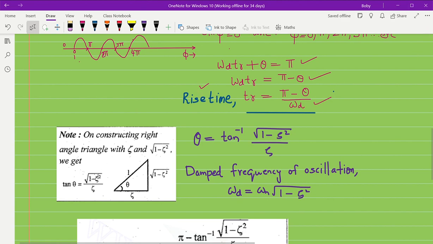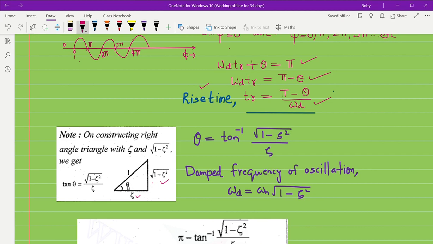From the earlier derivations, we have taken a right triangle in which the hypotenuse is equal to 1 and the base is equal to zeta, then the altitude becomes root of 1 minus zeta square.